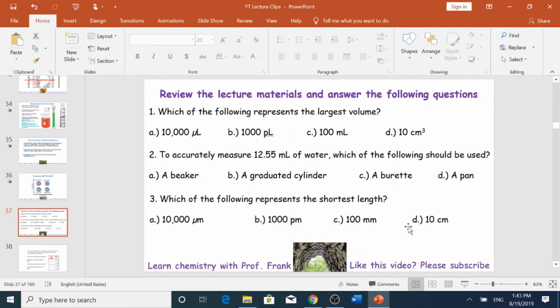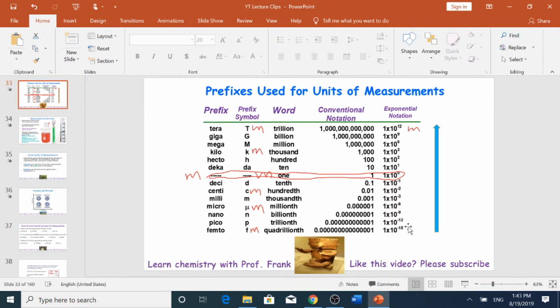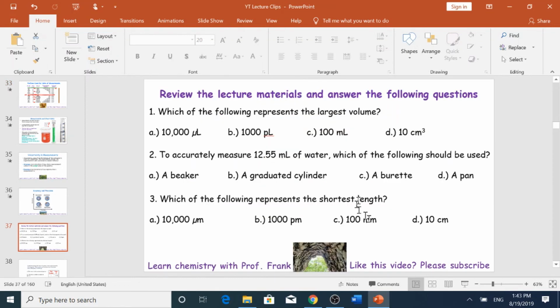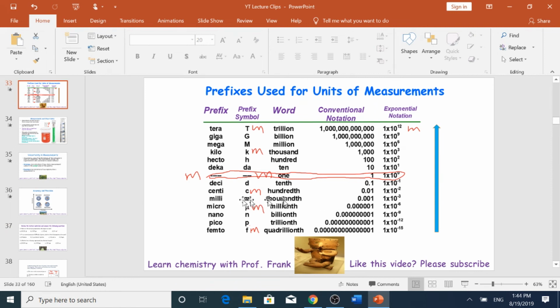A centimeter equals 10 to the negative 2 meters. The next one is millimeter, the second largest in that group, at 10 to the negative 3. Then micro is 10 to the negative 6, and the last one, pico, is 10 to the negative 12.